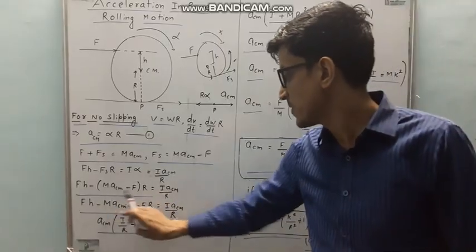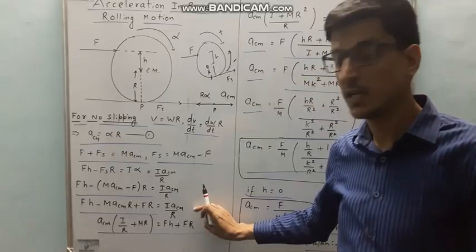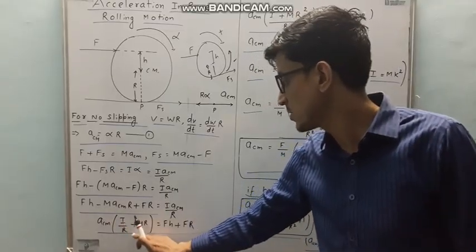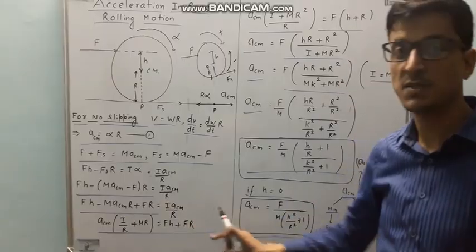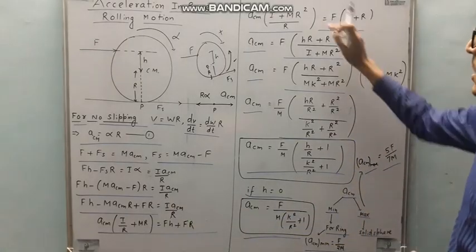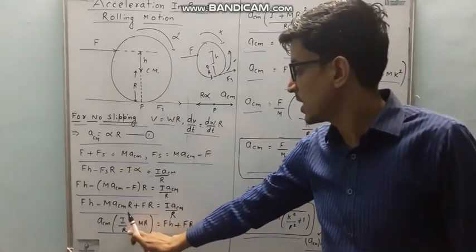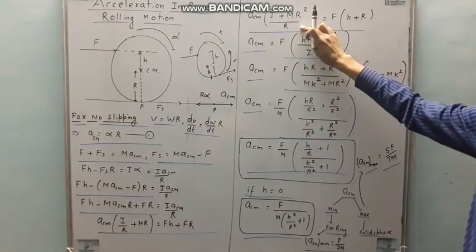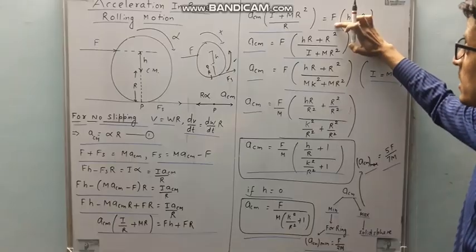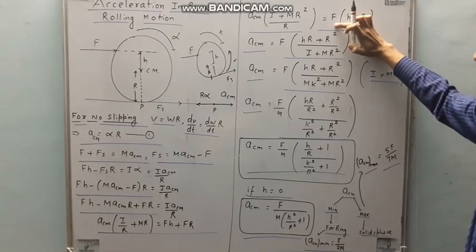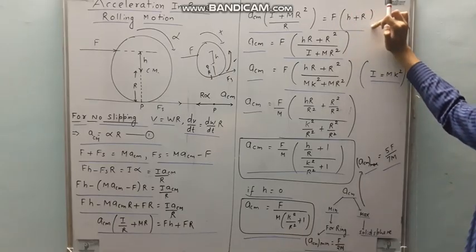We just take this factor on this side and we have a_cm into (I upon r plus m r) is equal to Fh plus Fr. So a_cm into (I plus m r square) divided by r, and F you can take as common, so this is F into (h plus r).